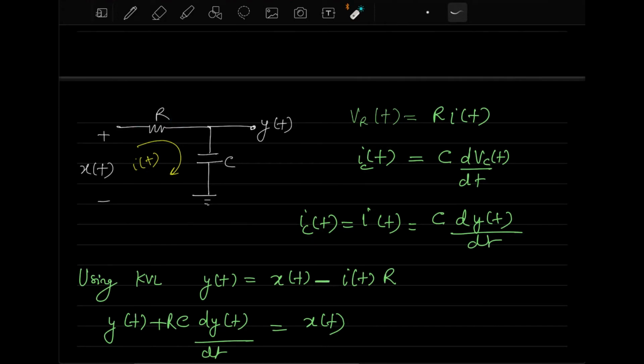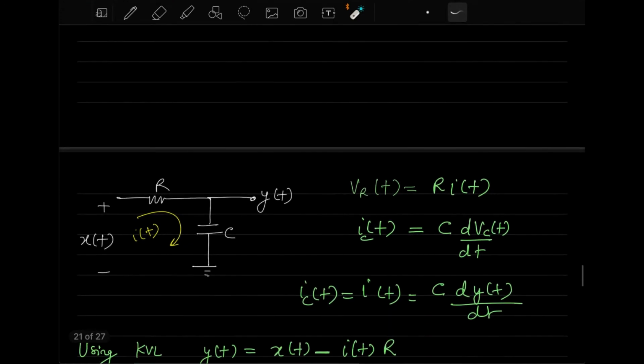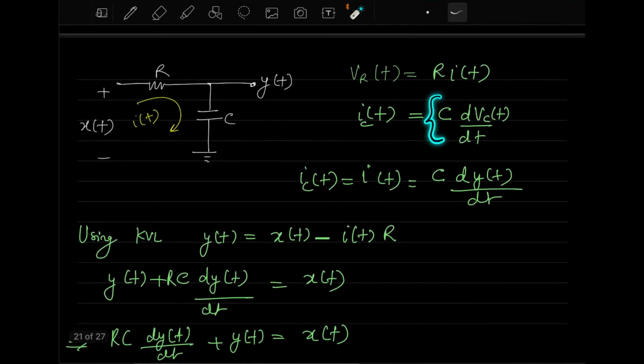So the voltage will be R i(t), because we are assuming i(t) to be flowing in this loop, and we know that the voltage across the resistor is I into R. The current flowing in this loop, i(t), is also the same current flowing through the capacitor. So the current through the capacitor can be written as C dv_C(t)/dt. This we have just shown you here; the relationship between the current and the capacitor is given by this. So i_C(t) is equal to i(t), because the same current is flowing in the capacitor. So we can make this substitution here.